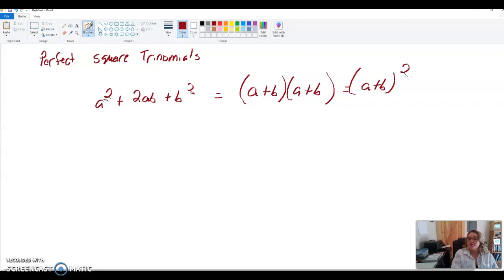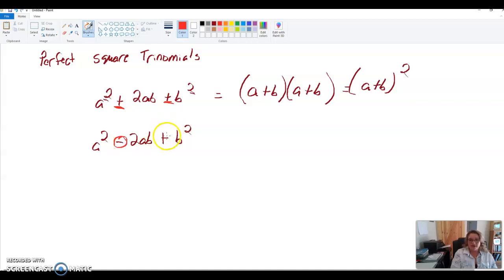The time that you can do this is when both of these signs are positive. So if you have a positive and a positive, then you're definitely going to want to look to see, do you have a perfect square here to work with? The other time it will play into it is if you have a squared minus 2ab plus b squared, okay? Where you have this minus sign here.